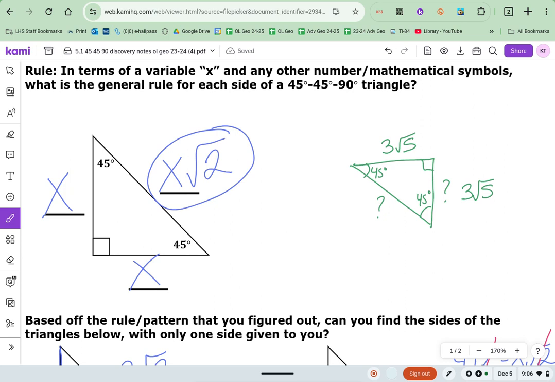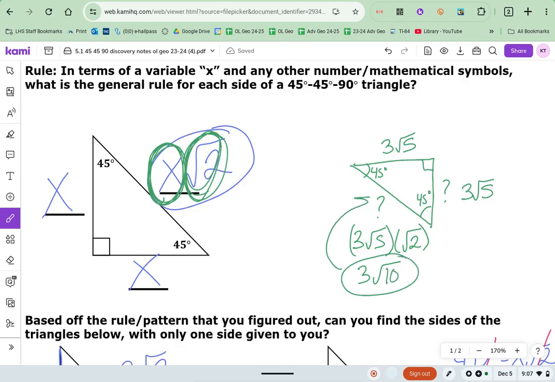And then how do we find the hypotenuse? Well, the hypotenuse is always whatever the leg is times root 2. That's what we see in our pattern. The hypotenuse is whatever the leg is times root 2. So now we can use our multiplying with radical skills. So the 3 stays outside. Root 5 times root 2 is root 10. So the hypotenuse to this triangle would be 3 root 10. And the legs would both be 3 root 5.